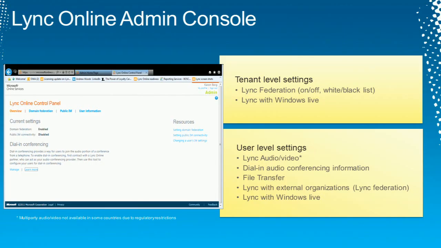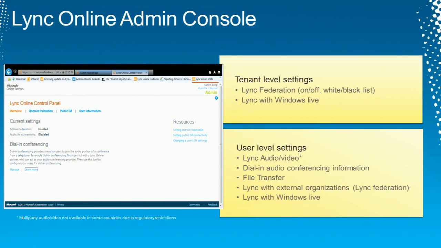On a tenant level, the settings that you can control are enabling federation. And for federation, there are three options. You can make it open federation, so it's on for everybody by default, and any domain that tries to federate with you as a tenant can federate with you.